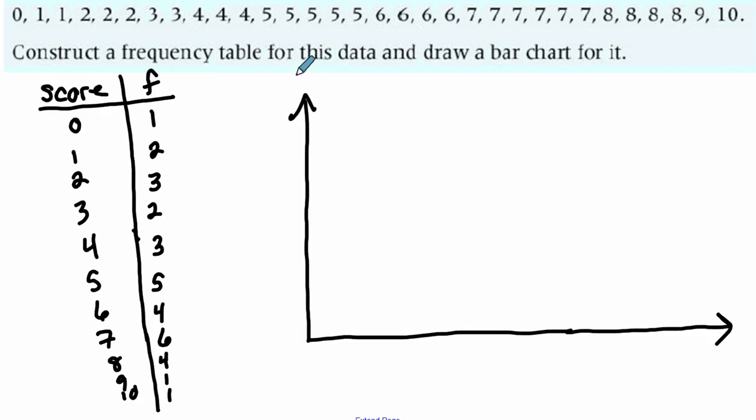When we graph this, frequency is on the y-axis, and the test score is along the x-axis, which I'm going to label S. When I look at the frequency, it goes from 1 up to 6, so make sure our heights can go up to 6.